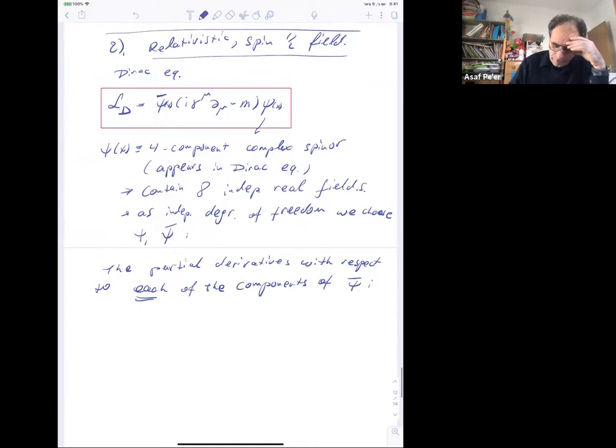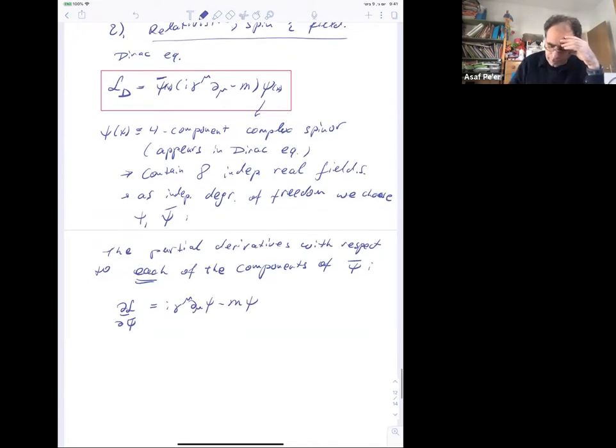What is dL over d psi bar? There is a psi bar left in the Lagrangian, so it's just i gamma mu d mu psi minus m psi, right? And what is dL over d of d mu psi bar?